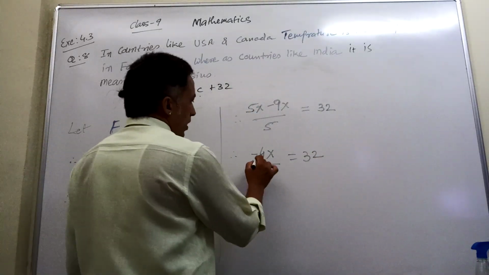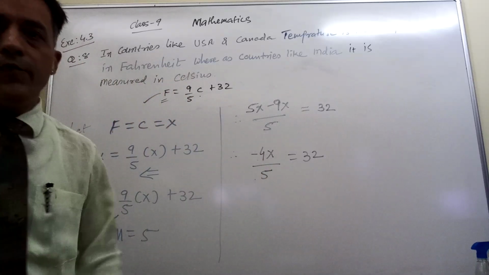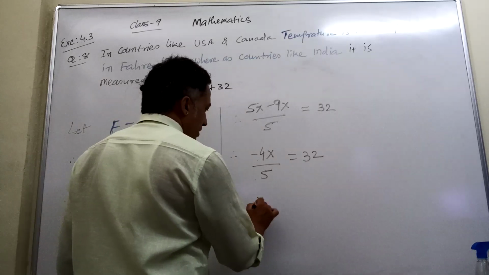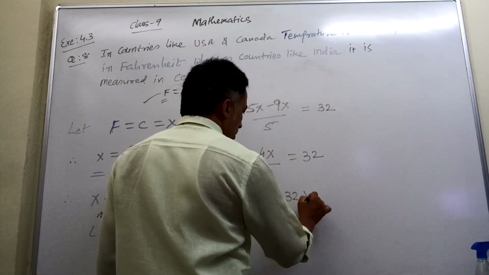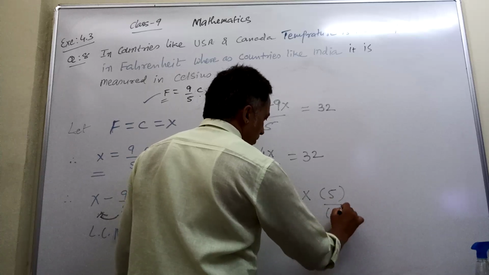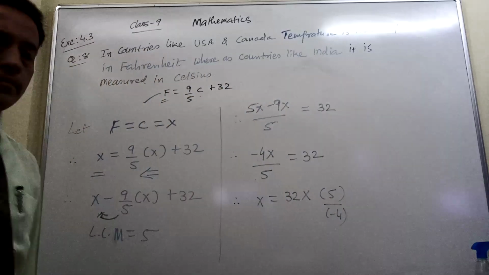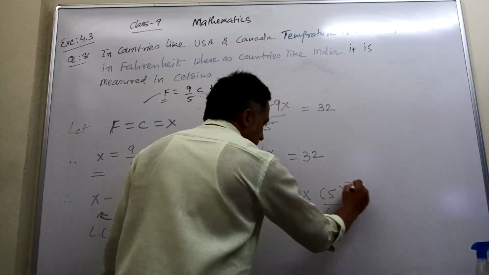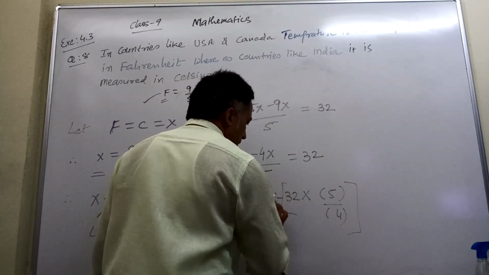Now this minus 4 and 5 I am shifting to the other side. What will I have? X is equal to 32 multiplied by 5 upon minus 4. This minus sign will be the overall sign over here.